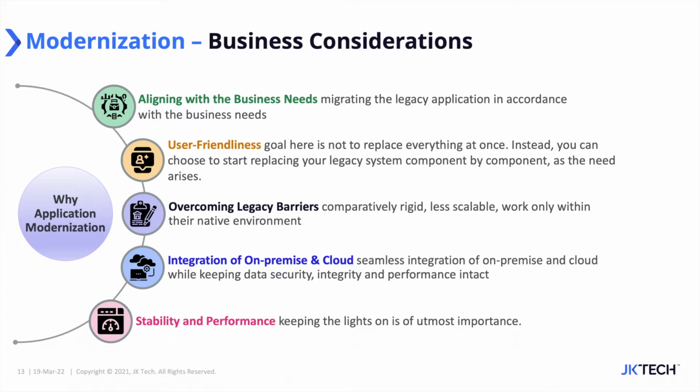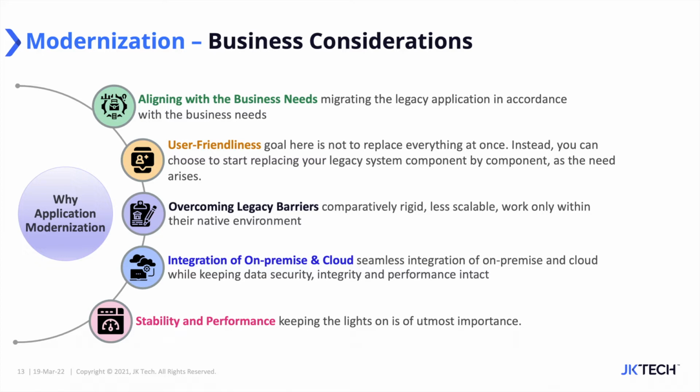And then integration of both on-premise and cloud needs to happen pretty seamlessly, because data security is a given today, and the integrity and overall performance have to be intact. So that's where there are a lot of choices to be made. Some things are going to be on cloud, some application components are going to be on premise, and so on and so forth.